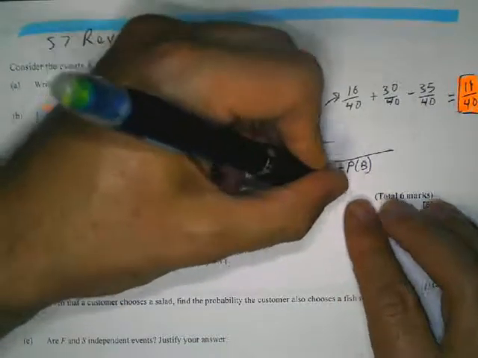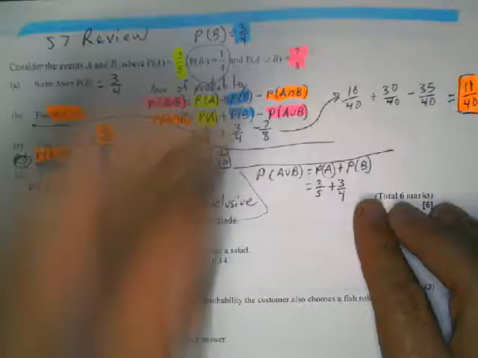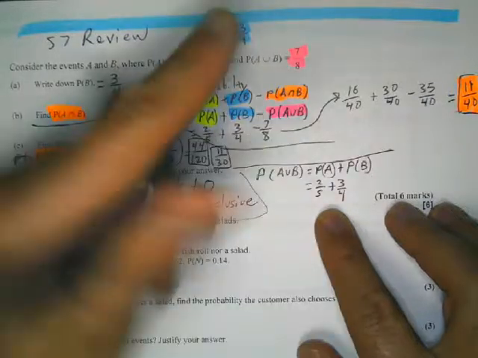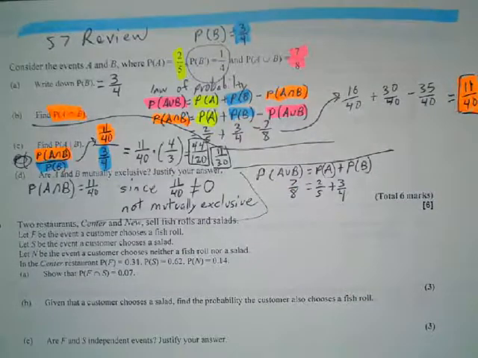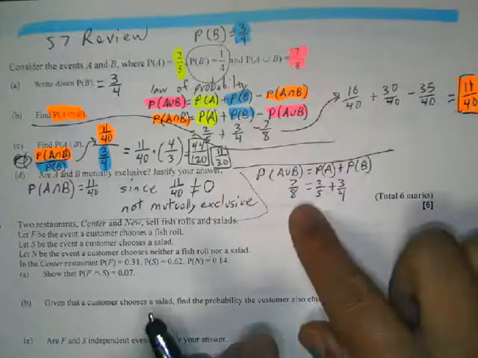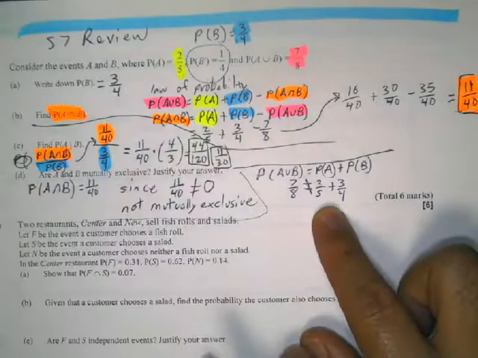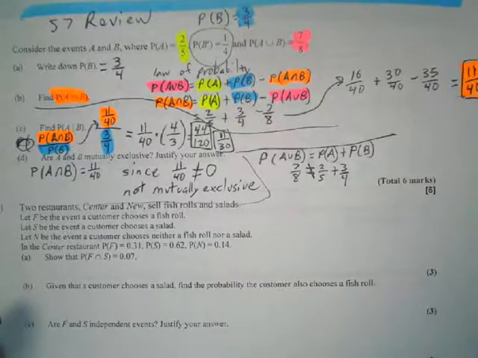We know the probability of B is 3/4. We know the union is 7/8. And we know that 7/8 is not equal to 2/5 plus 3/4. Okay, let's do the next one.